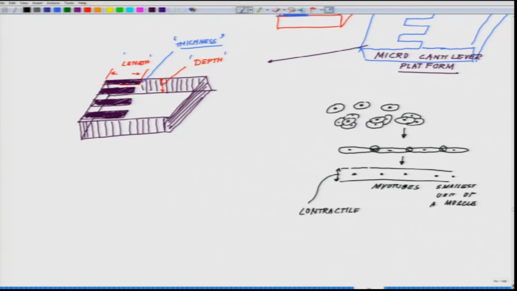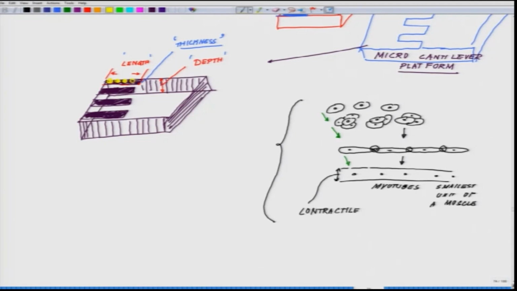Now, one of the approaches is that you allow this whole saga of the muscle cells forming myotubes to happen on top of the cantilever. So, you plate the cells on top of it like this.